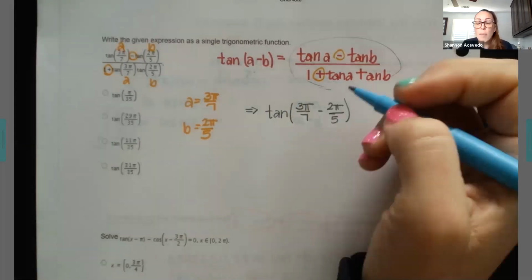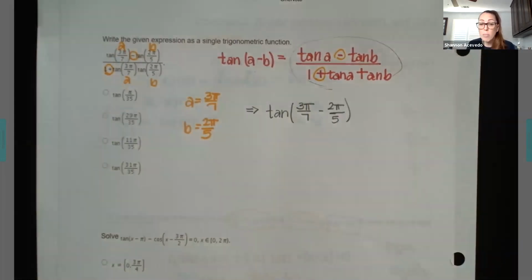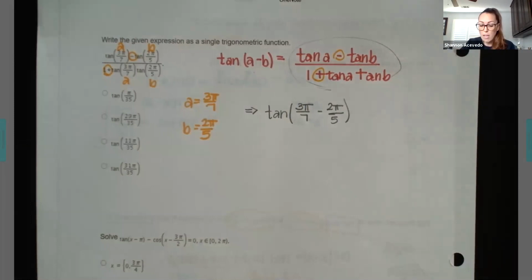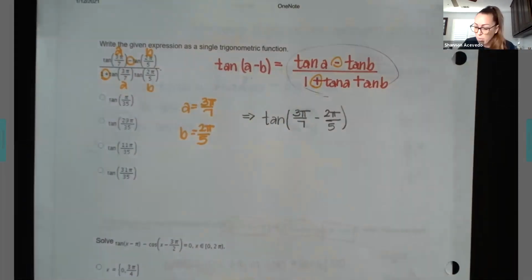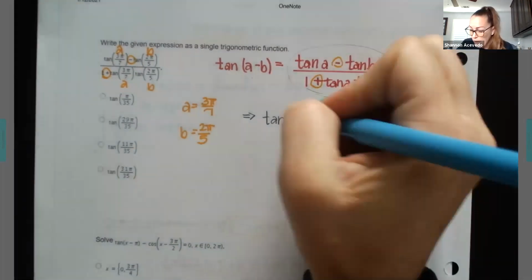So my least common multiple, the smallest thing that both of them go into, is going to be a value of 35. I'm going to multiply this term by 5 over 5.